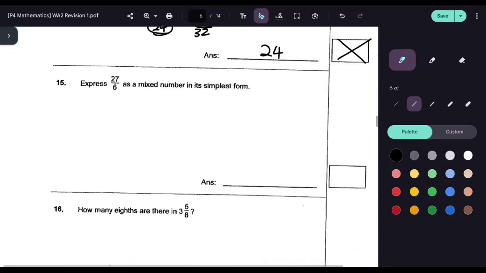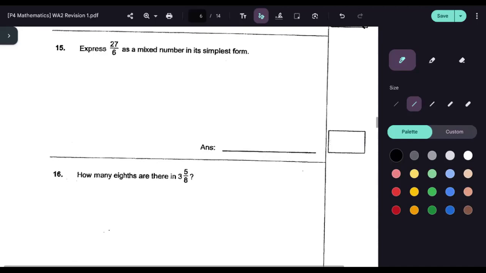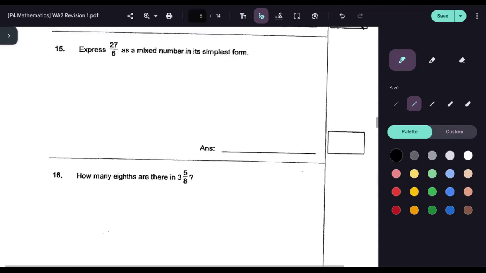Alright, next, express 27 over 6 as a mixed number in its simplest form. Firstly, you ask yourself, how many 6's can I take out? I can take out 4, which will be something over 6, right? 6 times 4 is 24. 24 plus something equals 27. So it will be 3.